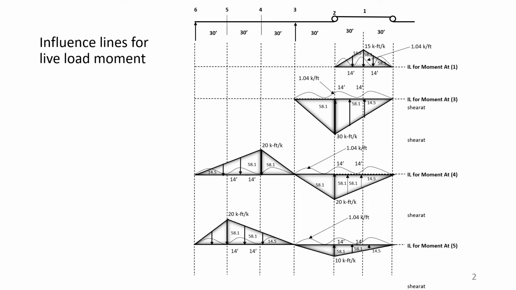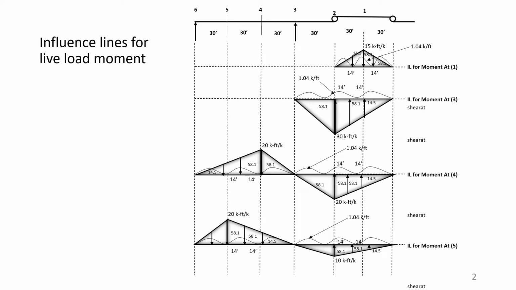At 2, there is no moment because this is a hinge point or roller point. Therefore, there will be no moment at point 2, but the next moment will be at point 3. This is a cantilever part of 30 feet span. If we put a load on the cantilever at a distance of 30 feet from the support, the moment will be 30 kip feet, and that is the ordinate, and it's a negative moment.